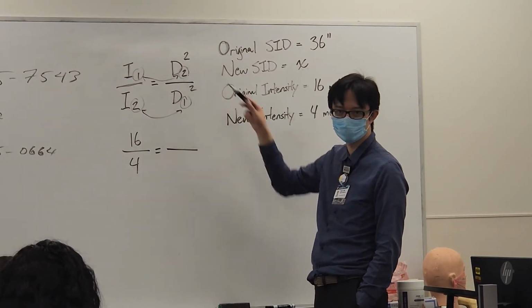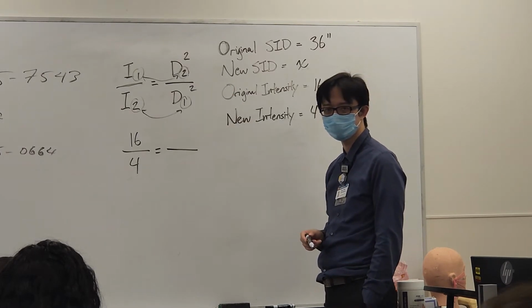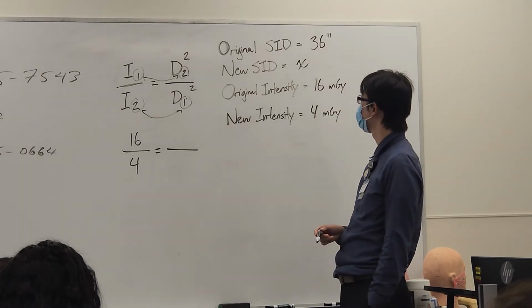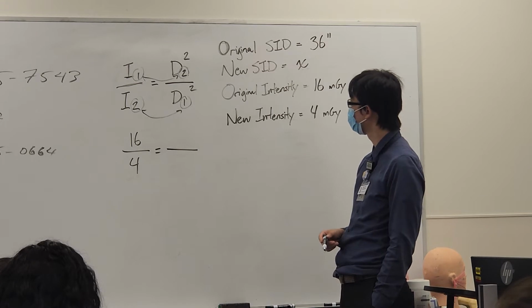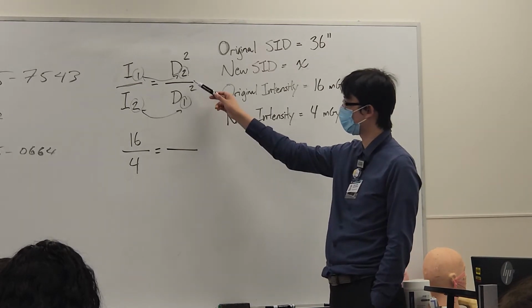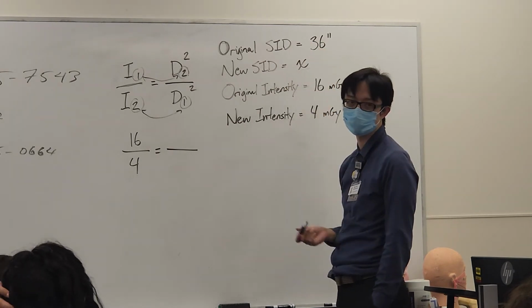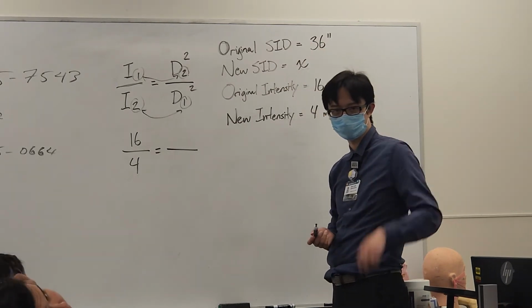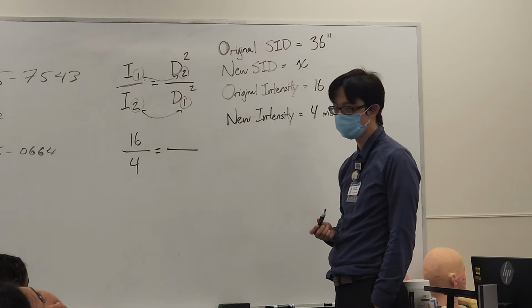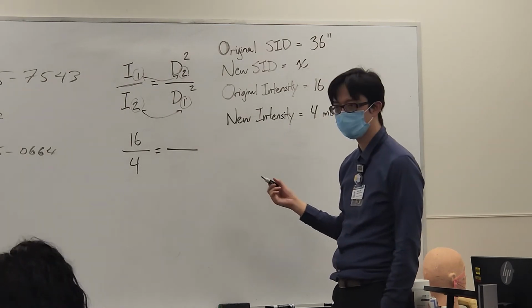Do we have distance squared? Original SID, new SID, original intensity, new intensity? So which one is our distance number 2? Is it this one or this one? Which one is our second SID? Our second SID is the one we're finding out, sir. Number is x, sir. Good.